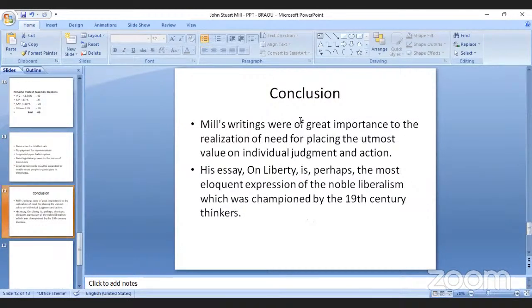The conclusion about Mill's writing is the great importance he placed on the need to place the utmost value on individual judgment and actions.